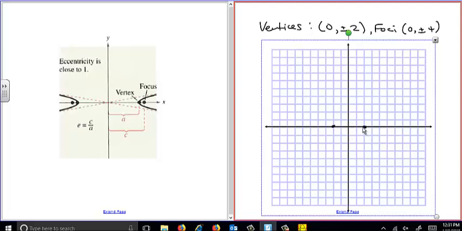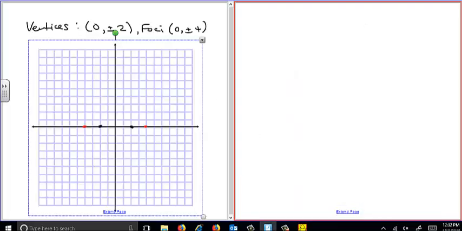The foci are (0, plus or minus 4), so you get that point and you get that point. So you can see these are all aligned. So from just this observation, we can say we have a transverse axis. So what does that mean?